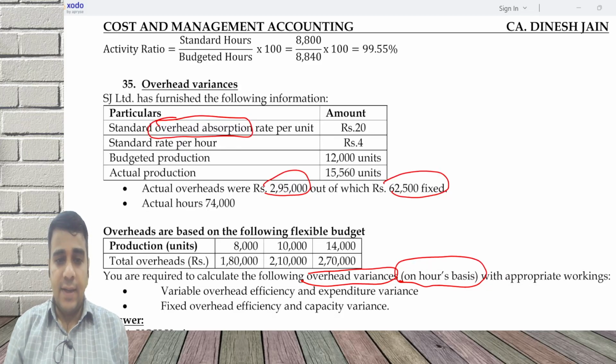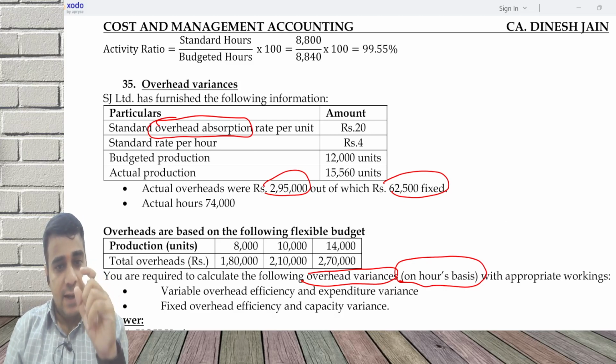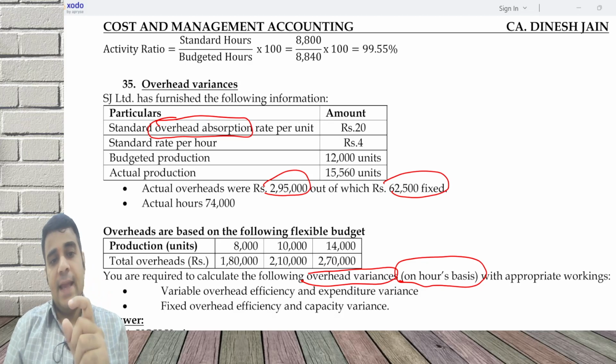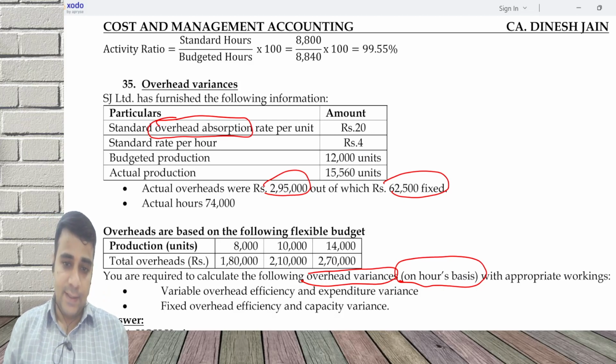The specific requirement is that in our computation table we will have to use the hours basis, that is, SR into SH, SR into AH, and not SR into SO. Both are the same, but the specific requirement is to use the hours basis. We are required to calculate variable overhead efficiency and expenditure, fixed overhead efficiency, and capacity variance.